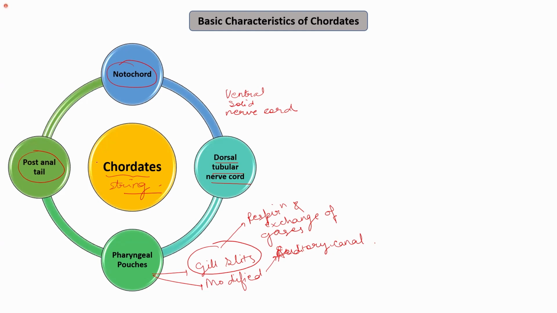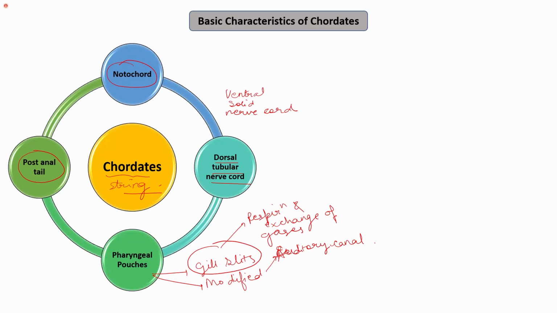We discussed that in chordates, all of these features must be present in at least one stage of their life. They might not be present in every stage. It might be that the notochord is present only in the embryonic stage but not in the adults. Or in some cases, the notochord is present in the embryonic stage but is modified into some other form, for example the vertebral column in vertebrates.